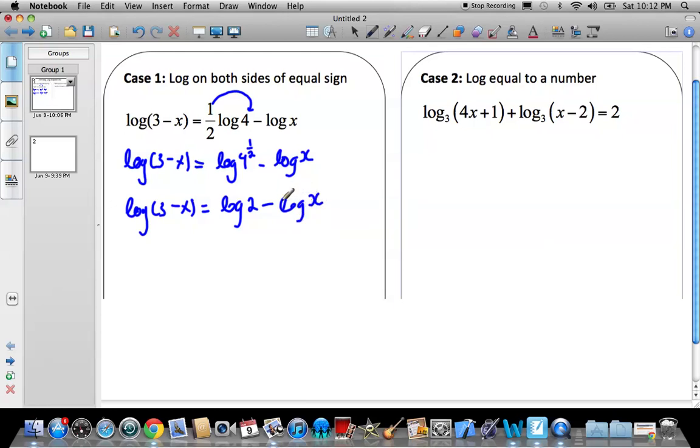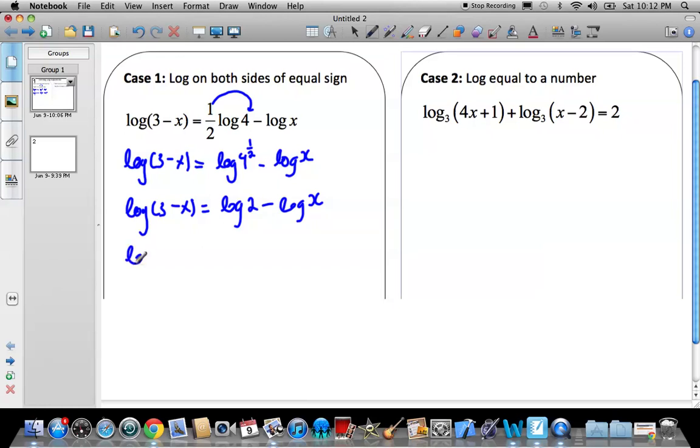Now we have to use our rule for subtracting logs. The way I remember my log rules is I think of the exponent laws that we've been doing since grade 9. The exponent law that goes with this one is that if you're dividing powers with the same base, you subtract the exponents. Well, for logs, it's the opposite. For logs with the same base, when you subtract them, you divide what's inside the log functions. So when you're subtracting logs, you divide, and when you're adding them, you multiply.